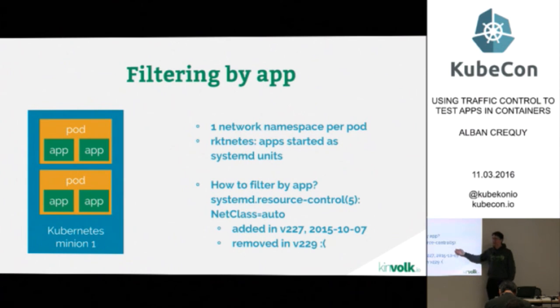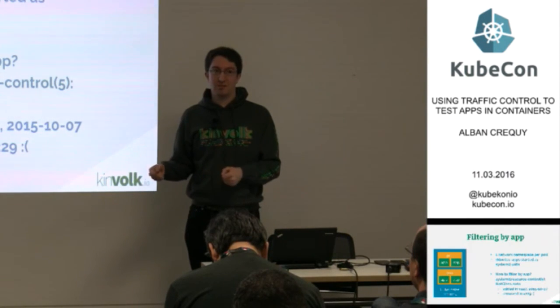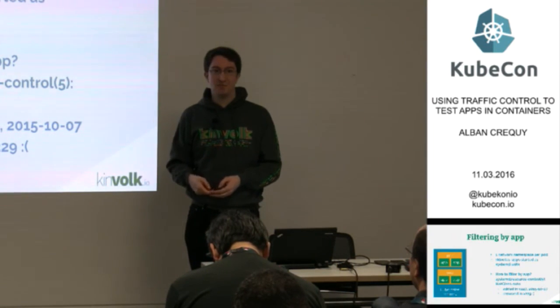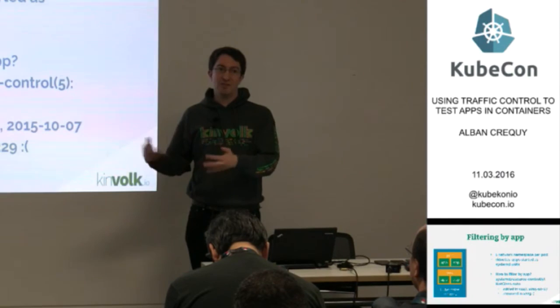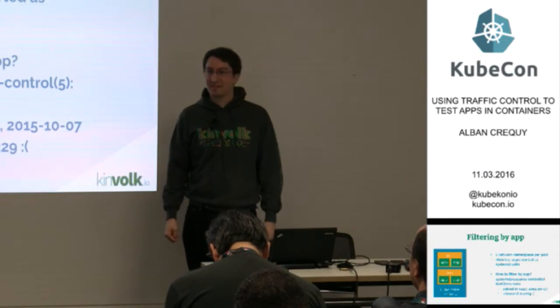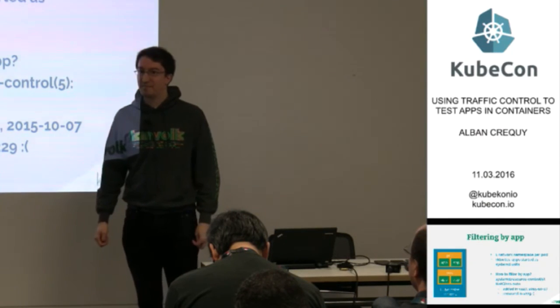Systemd doesn't expose that API anymore, but the reason it doesn't expose it is it was using the net class cgroup subsystem, which works on a non-unified hierarchy, which is cgroup version 1, but cgroup version 2 doesn't have that net class cgroup subsystem anymore, but there will be new things to replace that. So it's kind of something in a move in the kernel. Yes? That's something in my mind.